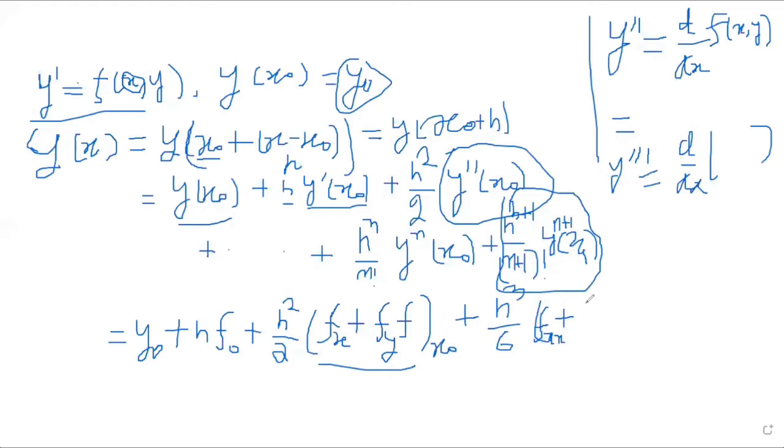So anybody calculated? So 2 times the mixed derivative fxy plus fyy, plus fy, at x equal to x naught.